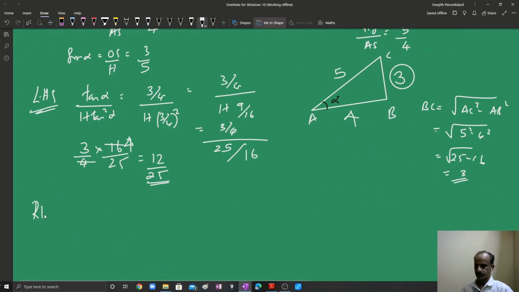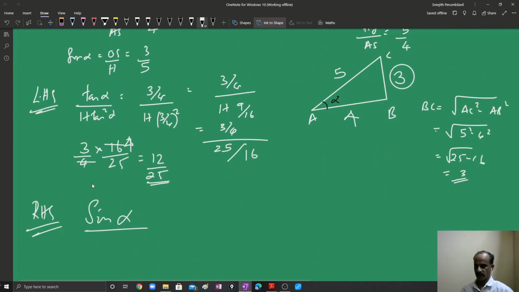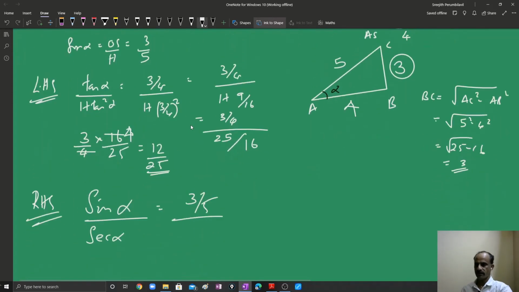Now the RHS. You are asked to prove the RHS, sin alpha by sec alpha. Sin alpha is 3 by 5 and secant alpha is 5 by 4.